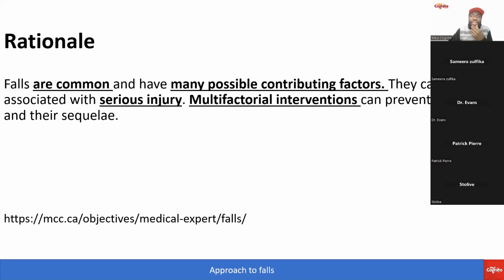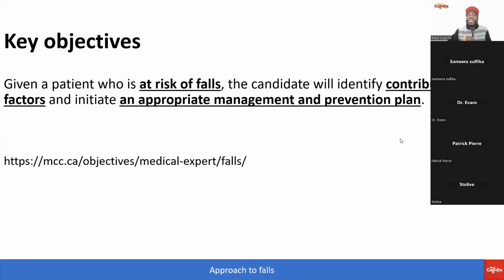Multifactorial interventions can prevent falls and their consequences, or their sequelae. So the key objective is, given a patient who is at risk of falls. You see, they are using that language, risk of fall. So if I'm learning for this, I'll ask myself, what are the risk factors for falls? The candidate will identify contributing factors and initiate appropriate management and prevention.